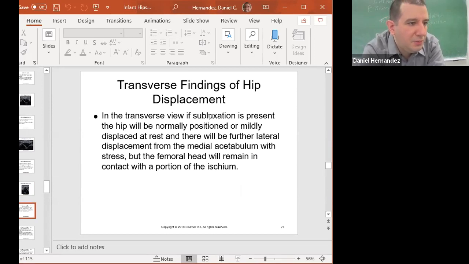In the transverse view, if subluxation is present, the hip will normally be positioned or mildly displaced at rest, and there will be further lateral displacement of the medial acetabulum with stress, but the femoral head will remain in contact with a portion of the ischium.